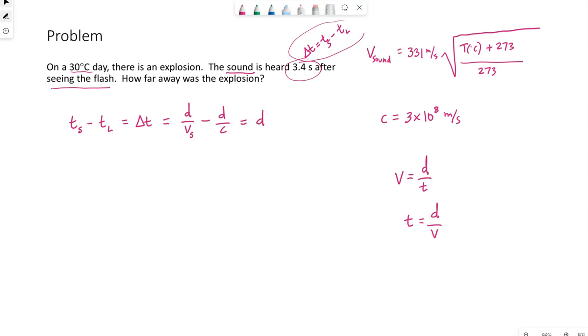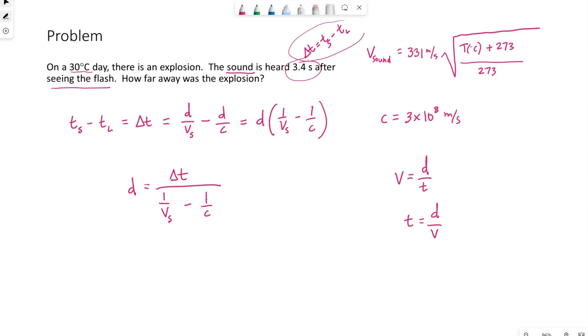So in either case, they're traveling the same distance. And this distance is what we're looking for. So we can say this distance is the difference in time divided by 1 over the speed of sound minus 1 over the speed of light.